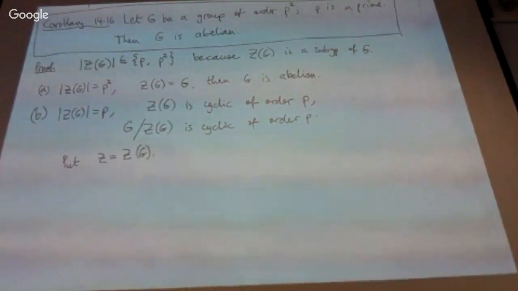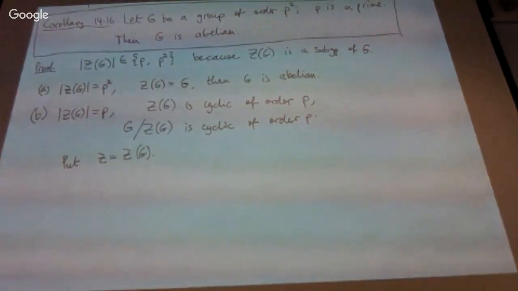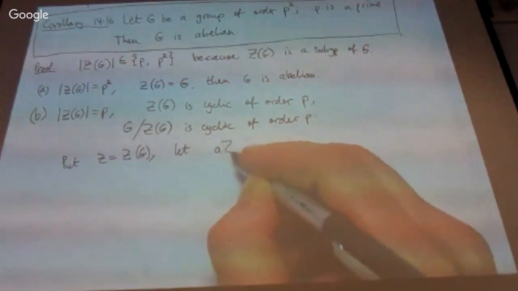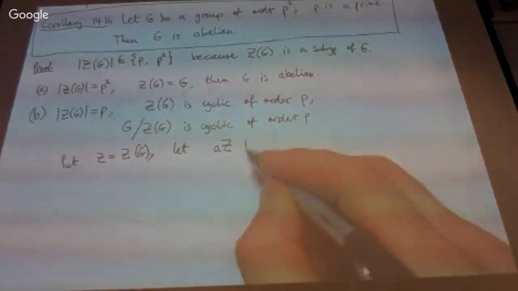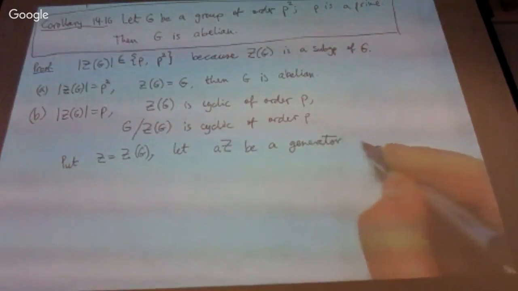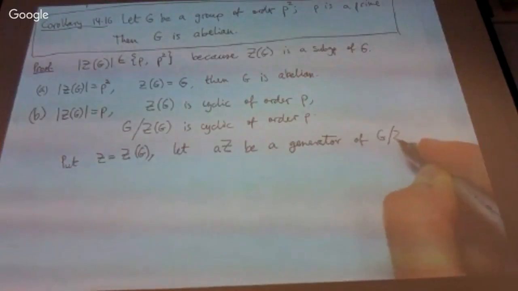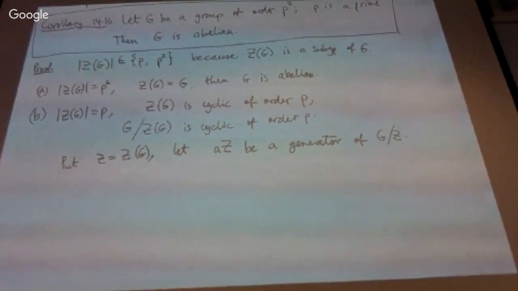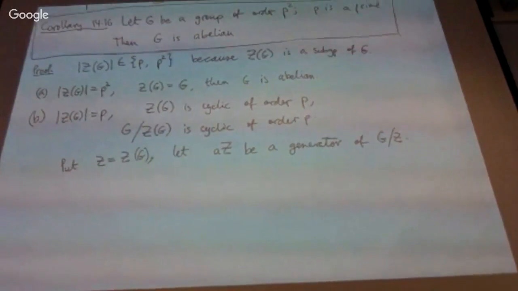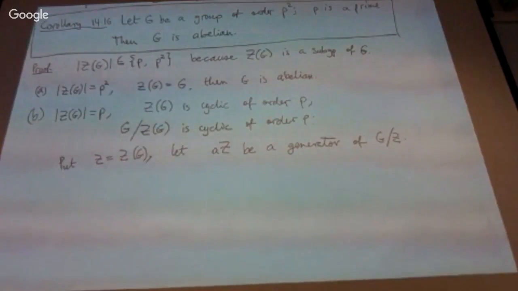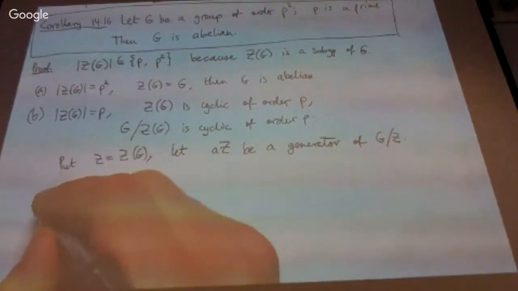I will just be writing Z for Z of G because that's shorter, and this is a coset. There has to be a coset which is a generator because it's cyclic.